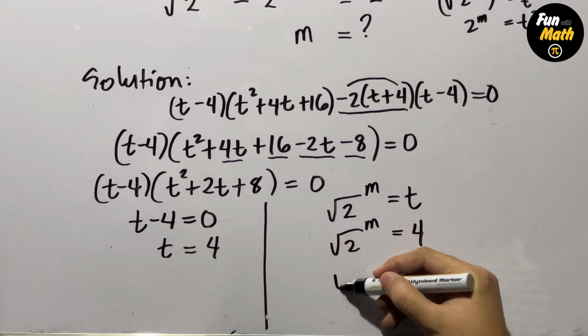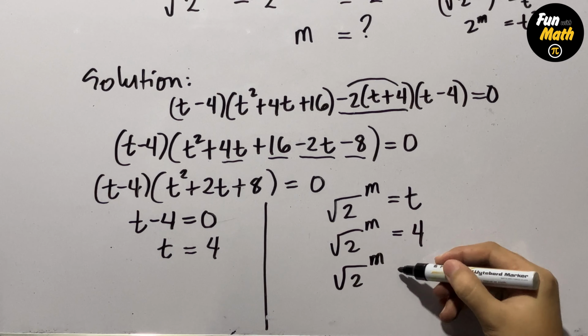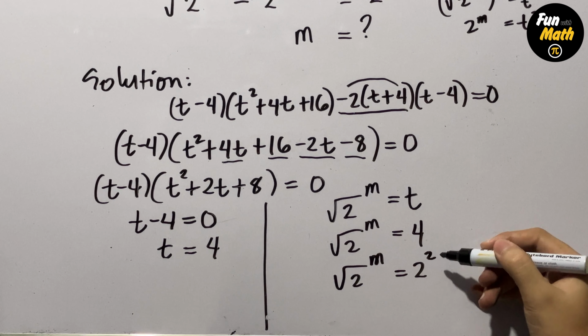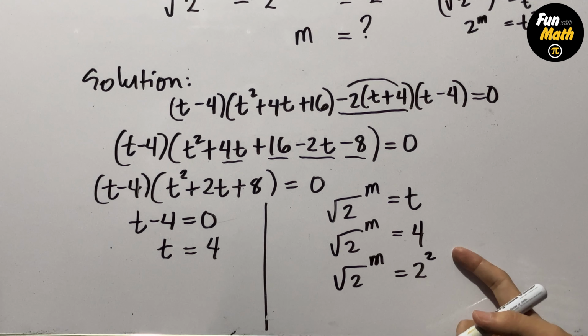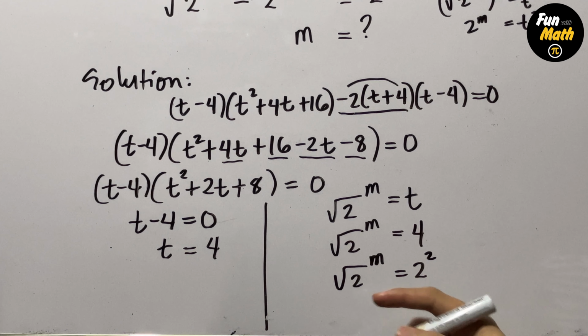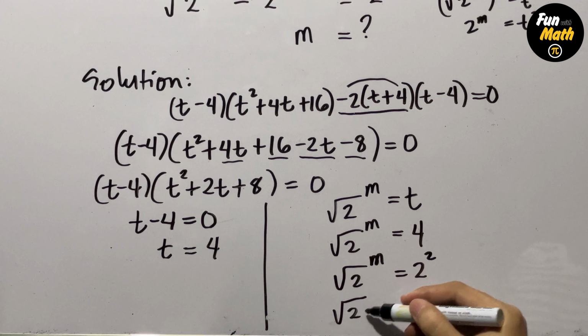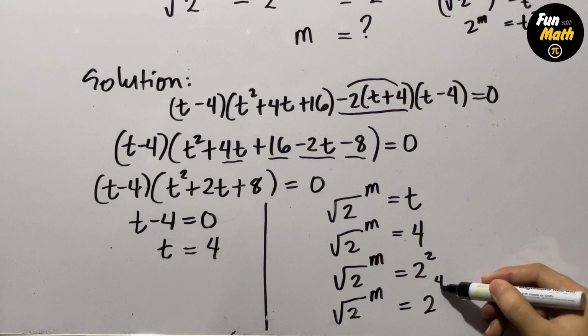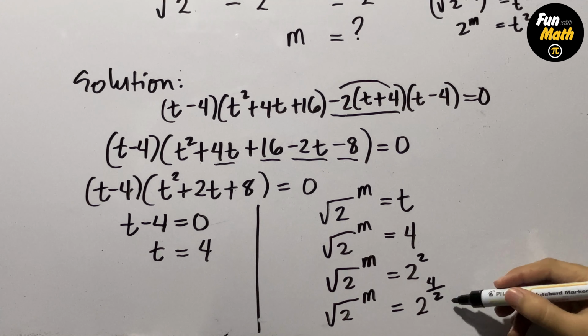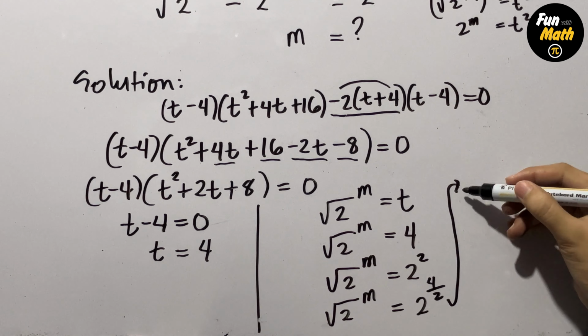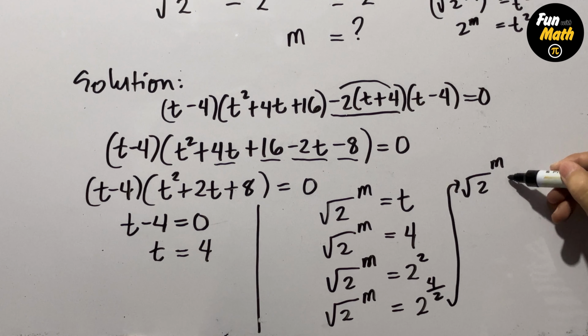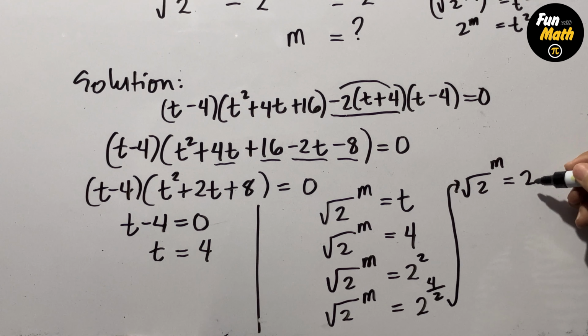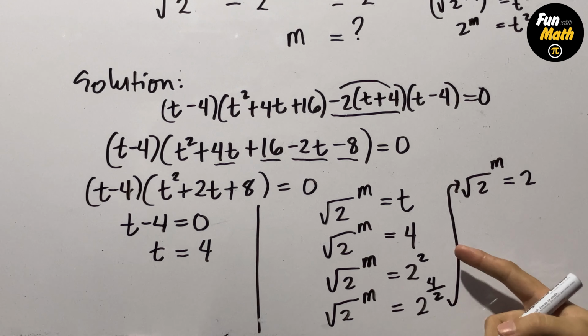So this is now square root of 2 to the power of m is equal to 2 squared. For 2 squared, we can write it as 2 to the power of 4 over 2.